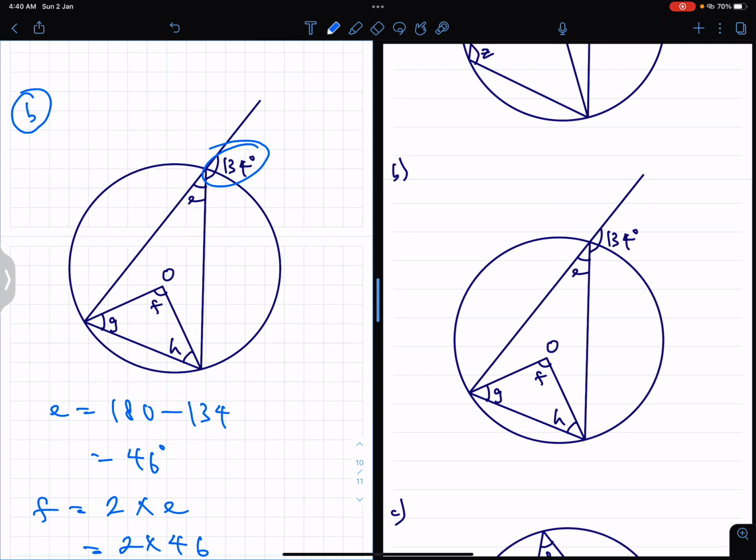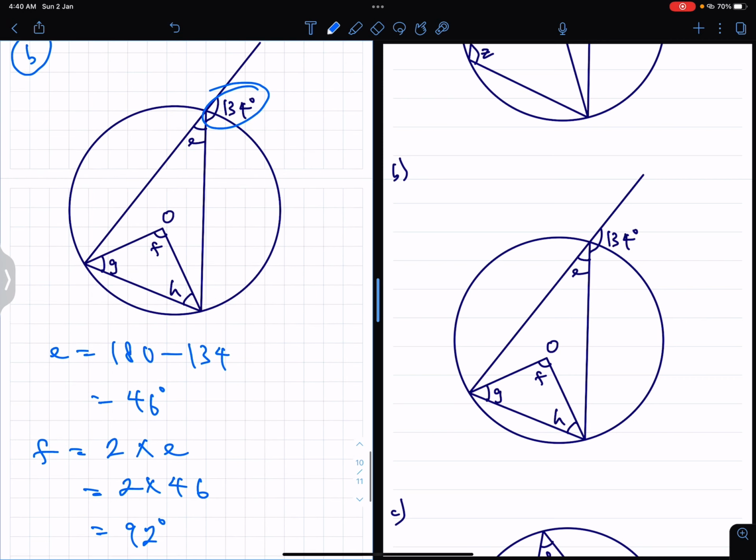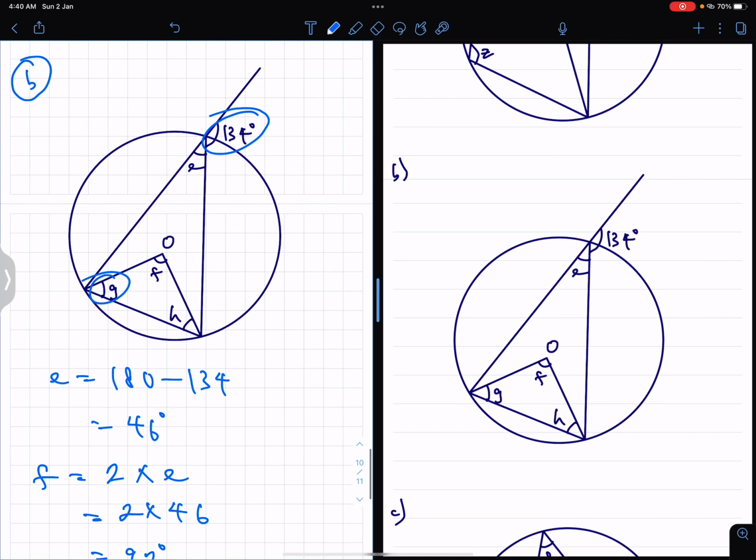Now angles G and H are equal because they are base angles of this isosceles triangle. This is a radius, this is a radius, and this is also a radius, so that means these angles are equal.